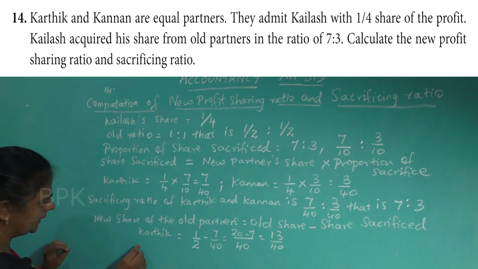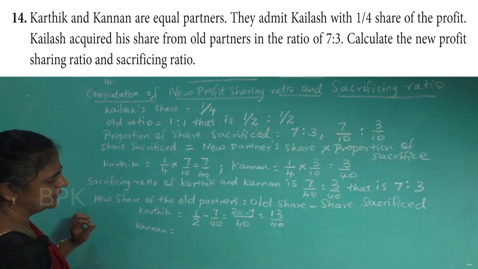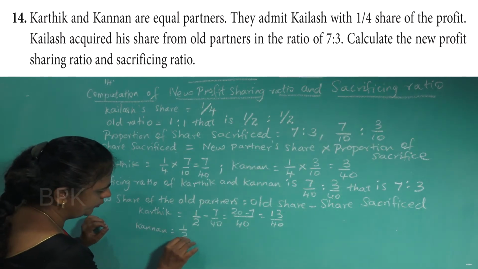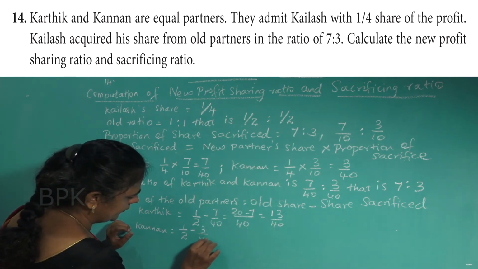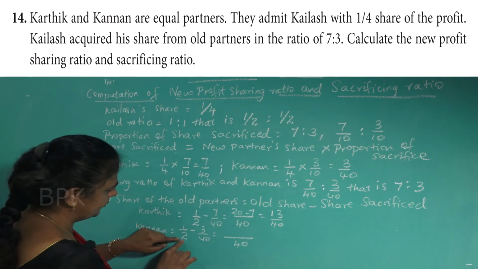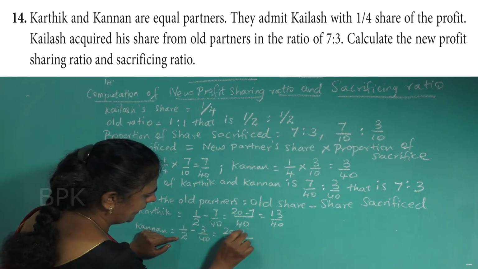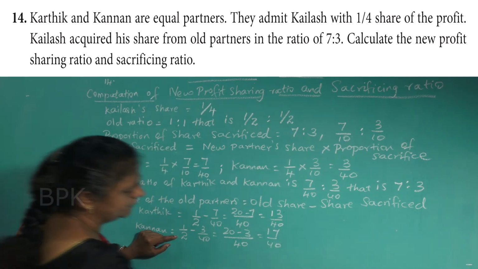Now find for Kannan. Kannan's old share also is 1 by 2. Kannan's share sacrificed is 3 by 40. So the denominator is 40, multiplied by 20. So 20 minus 3 will give you 17 by 40.